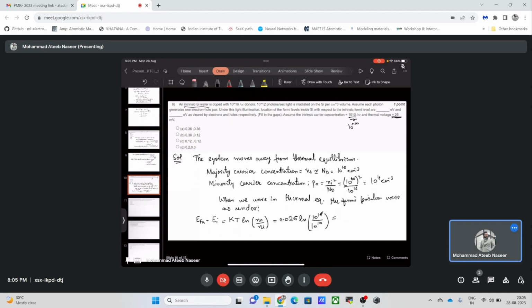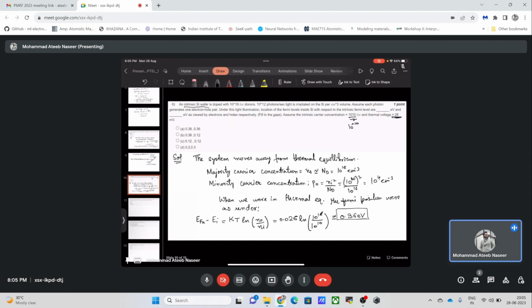Let us do the ln of 10 to the power of 6, which is 13.8, into 0.026. So it comes out to be approximately equal to 0.36 electron volts. Sorry, this is not the band gap. This is the difference between the electron Fermi level and the intrinsic level.